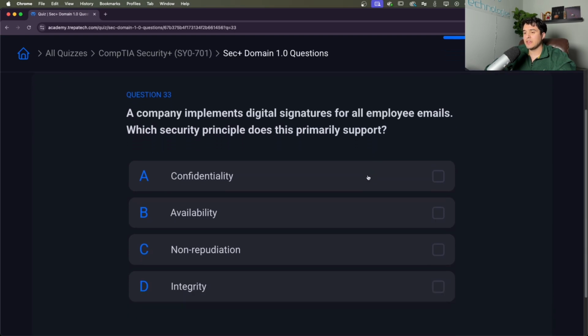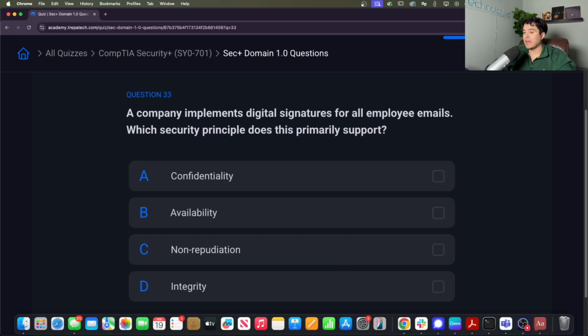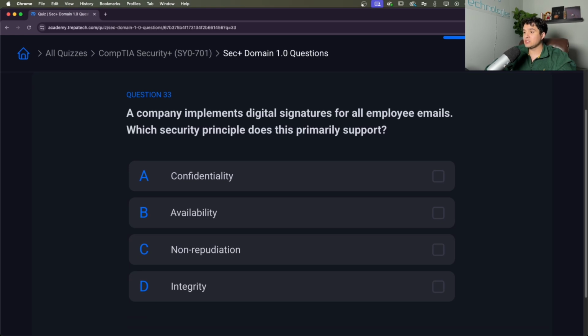Question 33. A company implements digital signatures for all employee emails. Which security principle does this primarily support? So digital signatures give us a couple things. They give us non-repudiation and integrity. Now we can attach digital signatures to not just email but any message or data, but usually it's to your email.